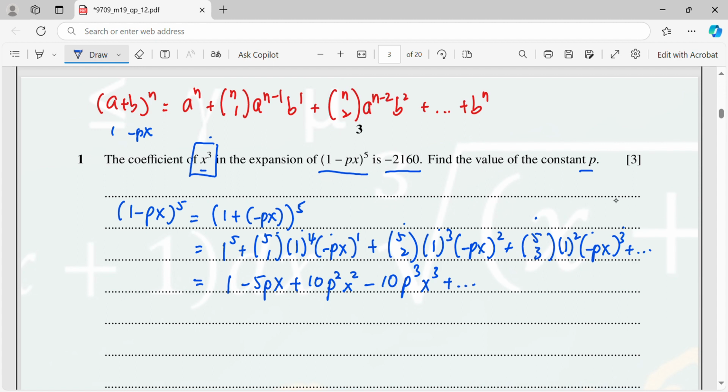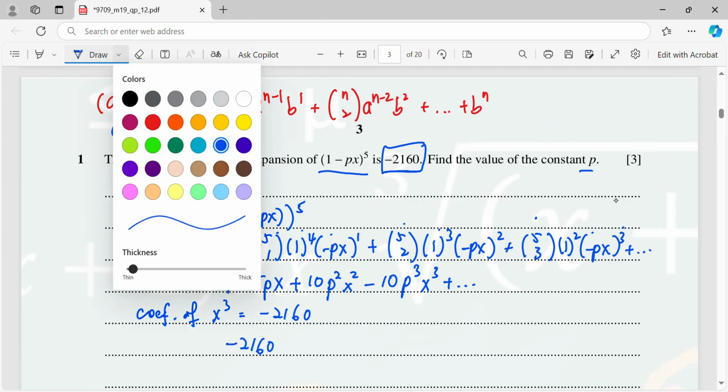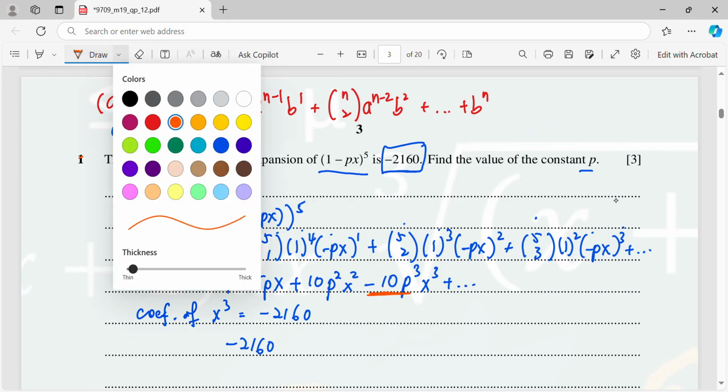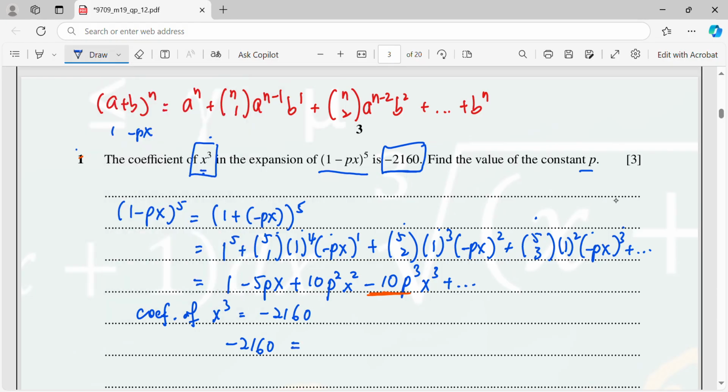It is given that the coefficient of x cubed is negative 2160. So minus 2160 is the same as minus 10p cubed, because that is my coefficient of x cubed in the expansion.